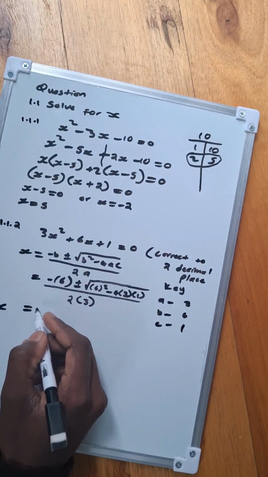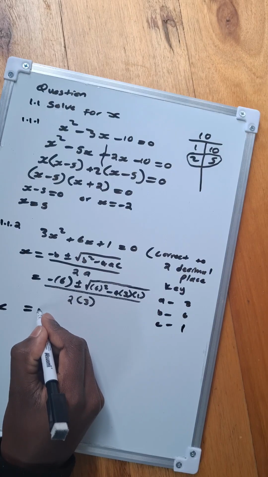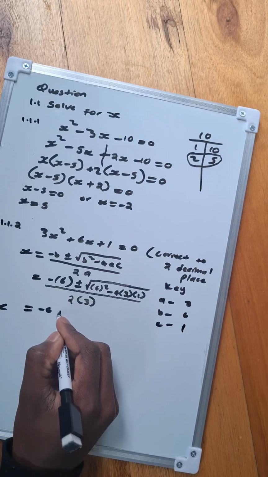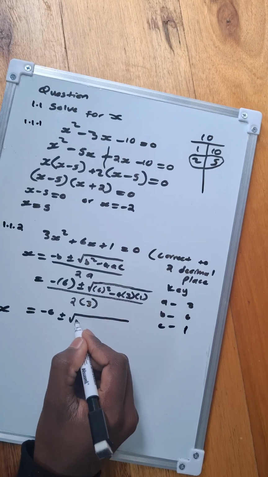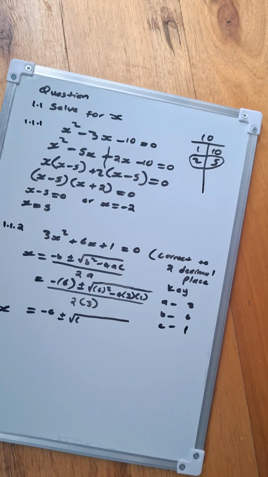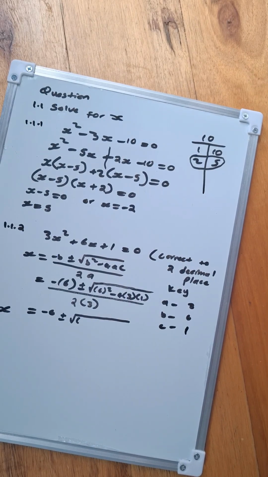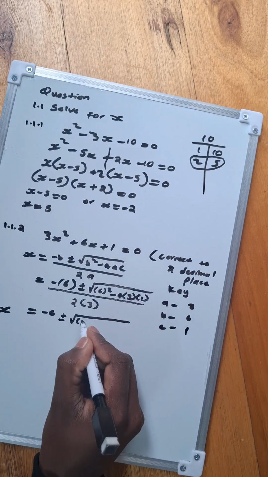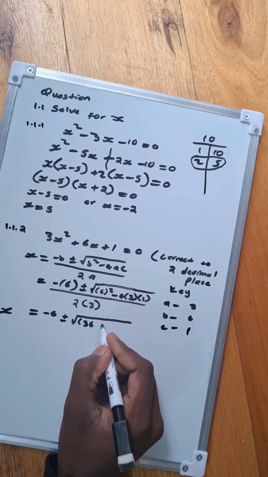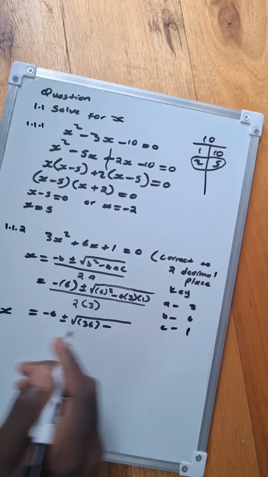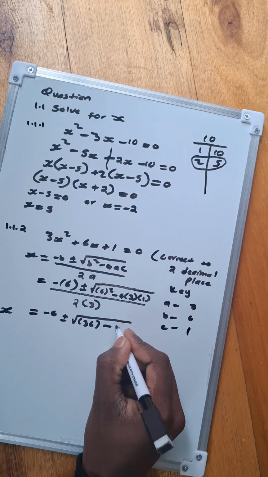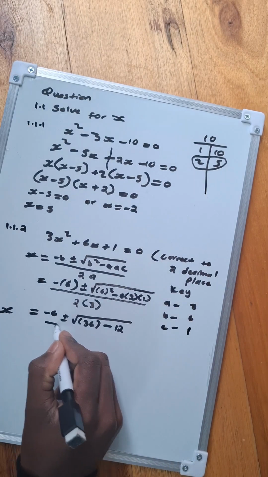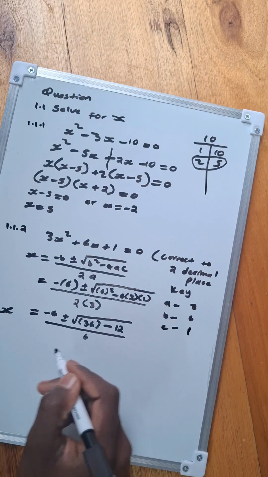So our x will be minus 6 plus or minus the square root of 6 squared. 6 squared is 36, minus 4 times 3 is 12, times 1 is 12, minus 12, everything over 6.